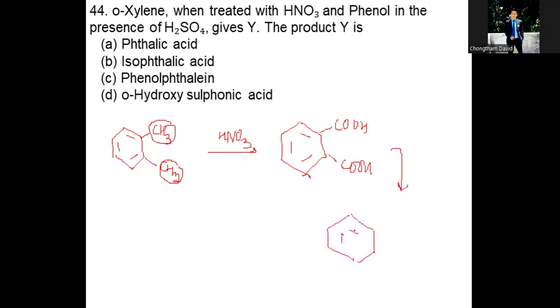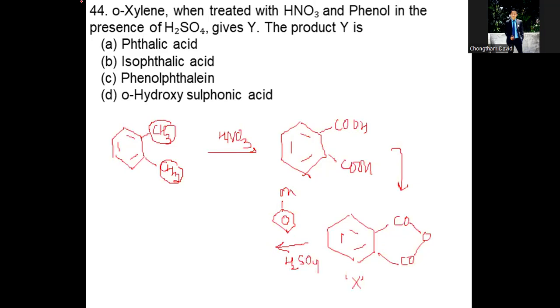Phthalic anhydride. Only one oxygen is the bridge. And this phthalic anhydride is your X, according to the question. Read carefully. Now, if this is made to react with phenol in acidic medium, what is the acid given to you?